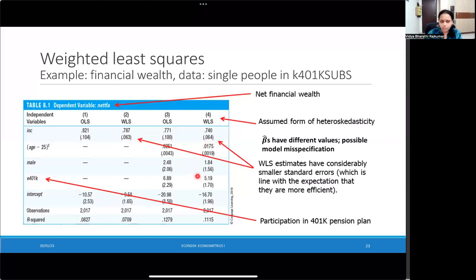Now, the coefficients are a little bit different between OLS and WLS. If they are substantially different from one another, then we should worry about model misspecification. But that is not something that we'll probe in this example further at this moment. So this concludes our discussion of weighted least squares.